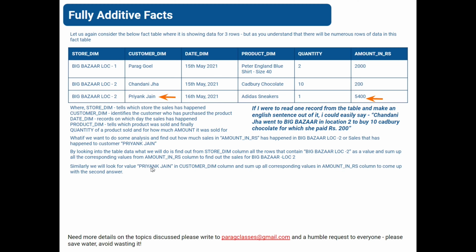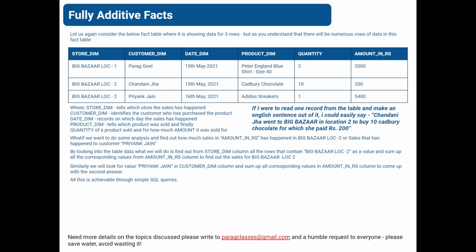Similarly, for the customer, we should look for Priyank Jain as a value in the customer dimension column, and then correspondingly add up the amount of sales to come up with the second answer. I hope you have understood this is how we do the analysis by reading the data from the table and answering the questions asked by the business users.